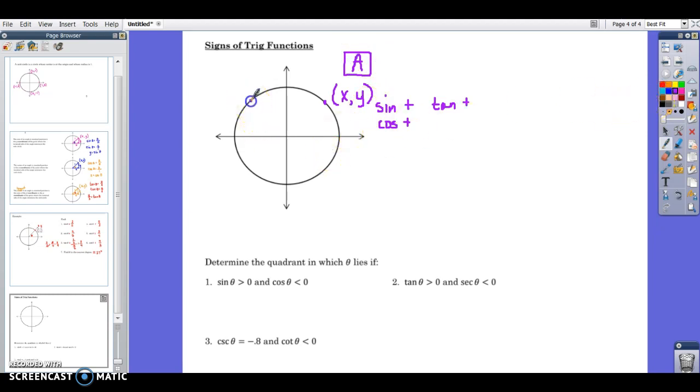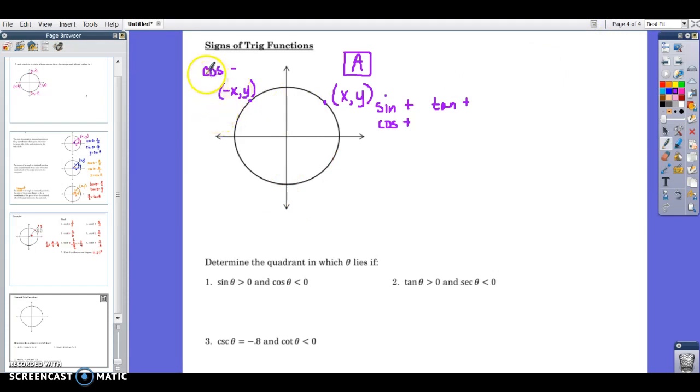Okay, when I get into the second quadrant, any point on my unit circle that is in the second quadrant, the x-coordinate is negative and the y-coordinate is positive. So if the x-coordinate is negative, that means that the cosine is negative, because the cosine, remember, is represented by the x-coordinate.